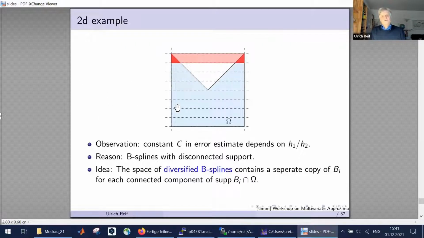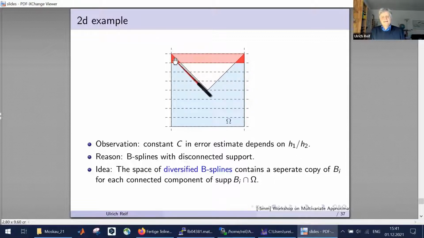Where do the problems come from? It's easiest explained by means of a 2D example. In this case, the domain is not convex. And here you see, if I use in x direction constant B-splines of order 1 and some B-spline of arbitrary order in direction y, then we have only one B-spline which is responsible for this red shaded region.